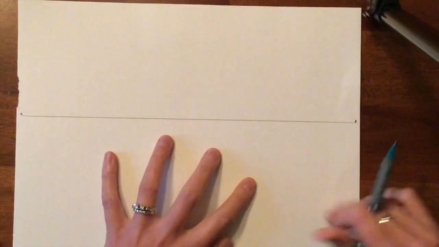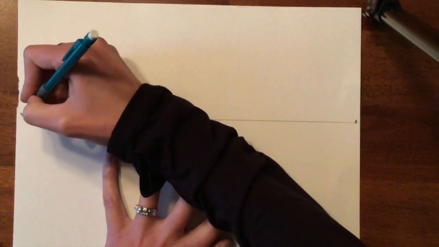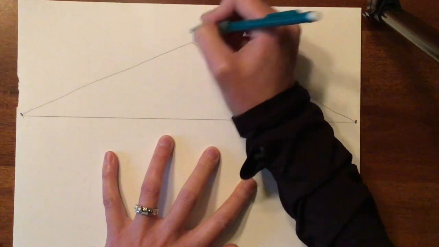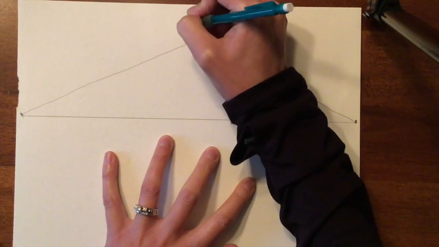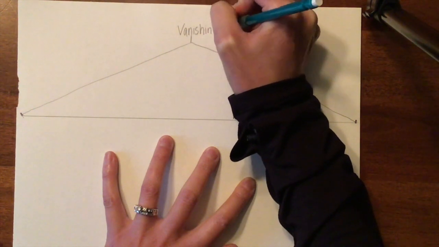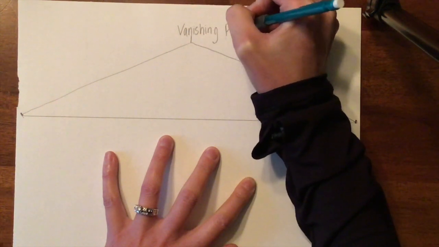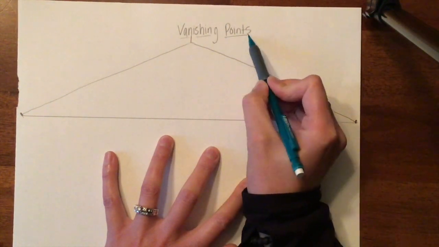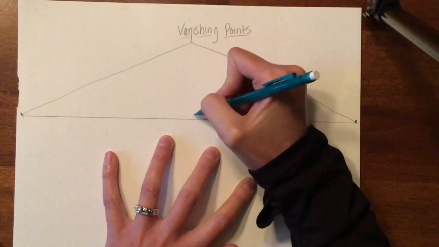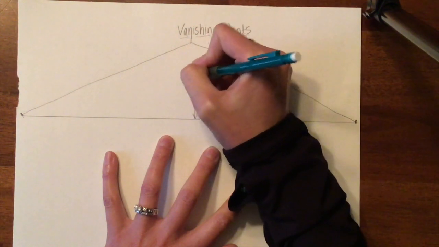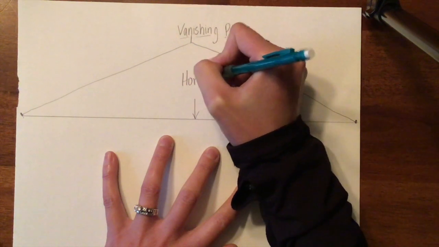Now, these dots, you're not going to draw this part, but these dots are called vanishing points. And I'm going to use this language while I do demonstrations, okay? This right here is called a horizon line.